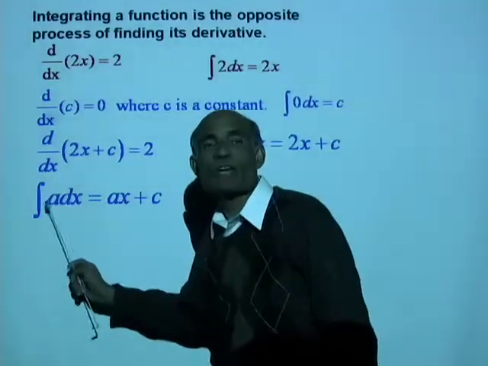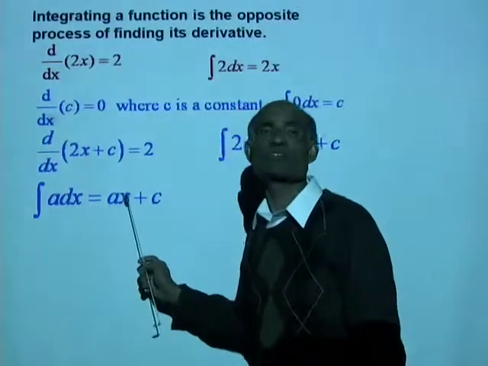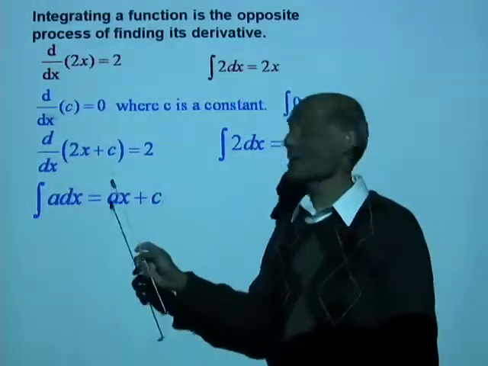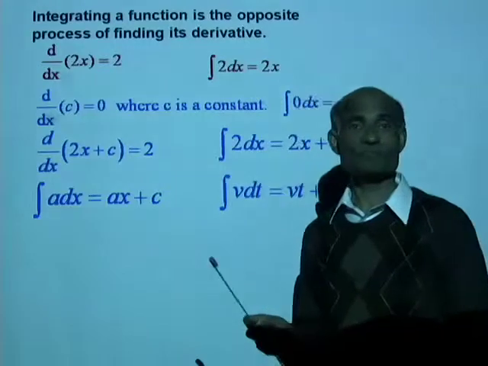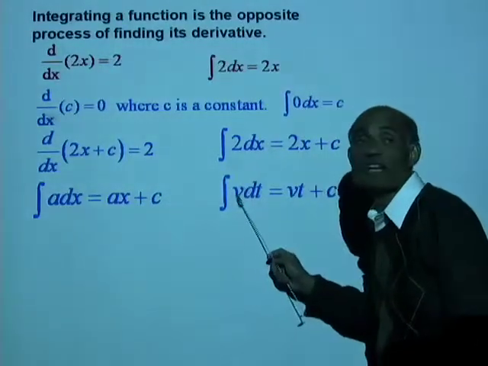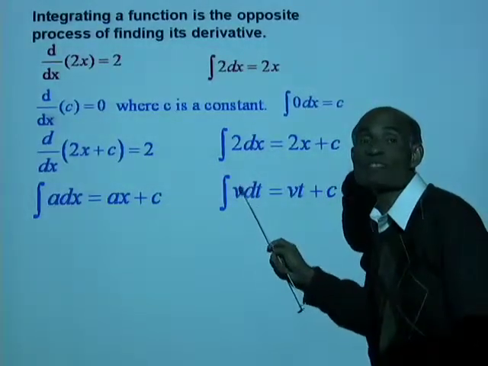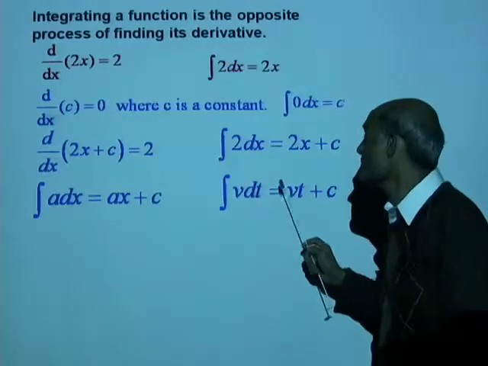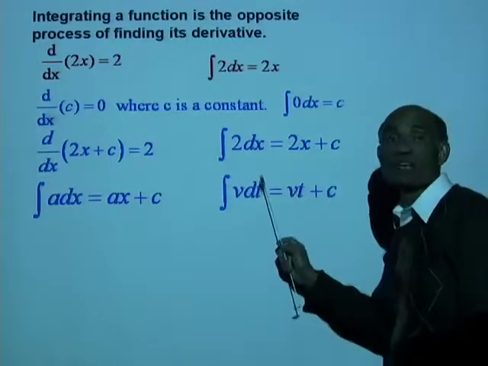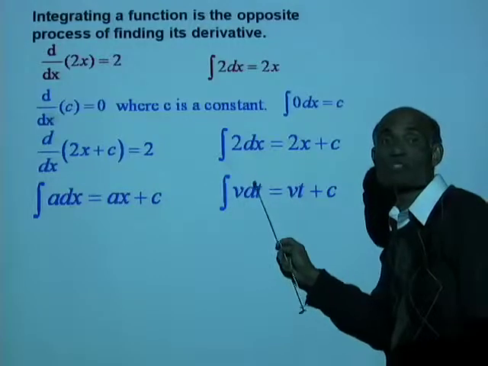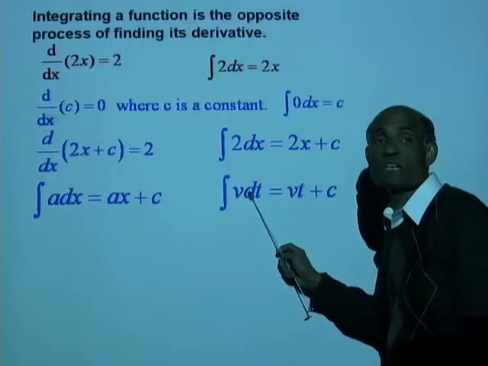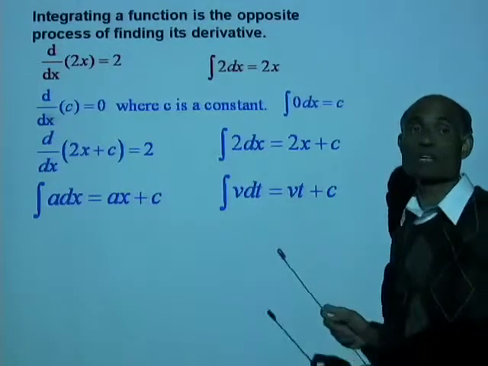In general, integral a dx is ax plus c, an important result. Integral v dt, here v is a constant, it's a number, is vt plus c. This time the independent variable is t.